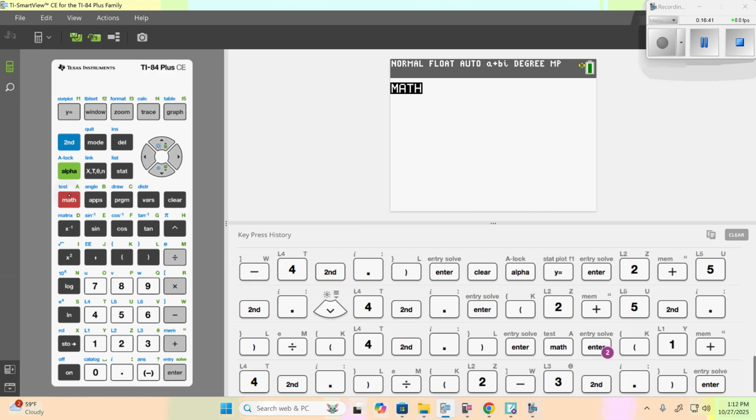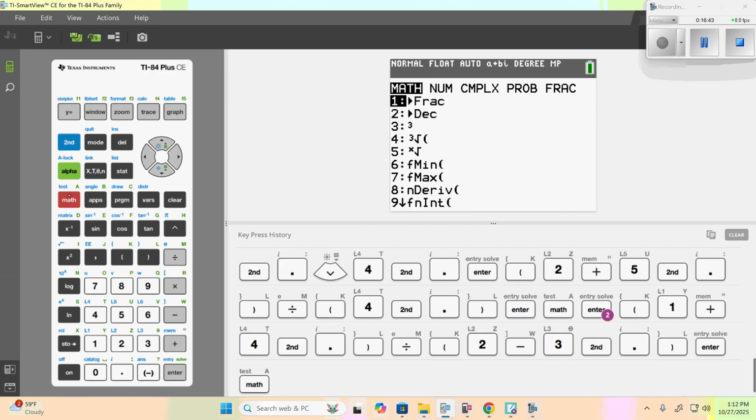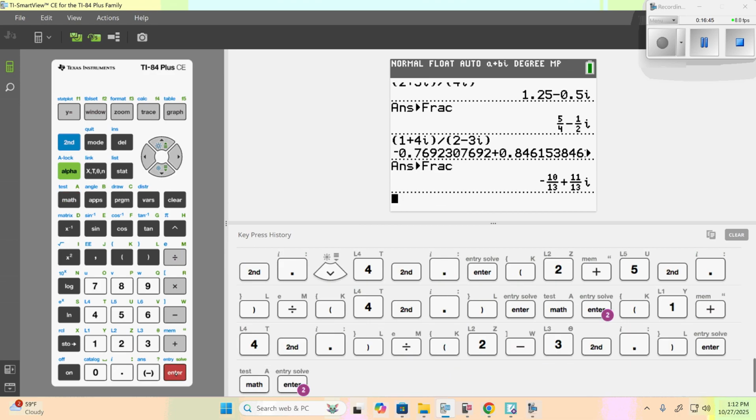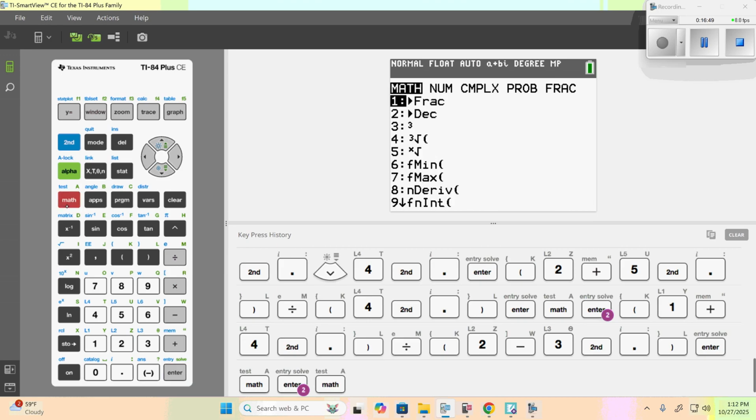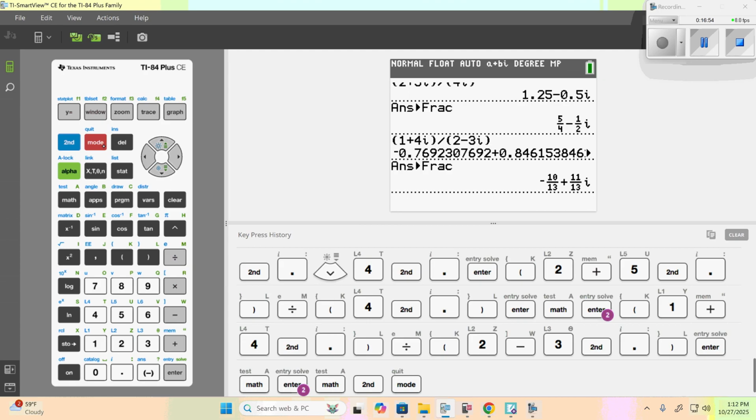So we're going to go math, enter, enter. Because under math, if we wanted to convert it back to decimals, we would pick the second one. But since we want to convert it to a fraction, we just pick the first one, enter. So it tells us that it's negative 10/13 plus 11/13 i.